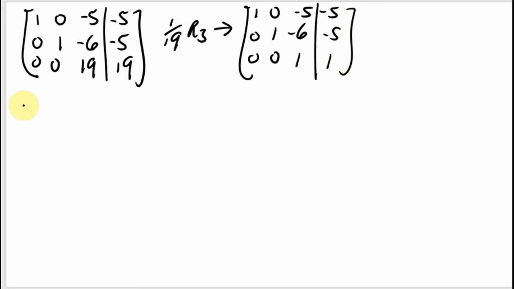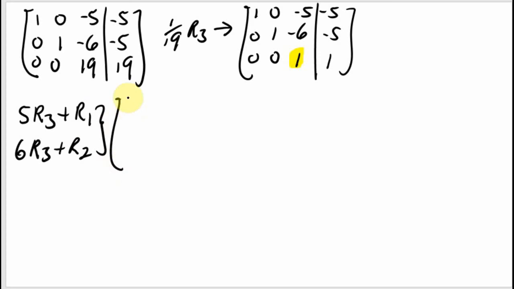And now we'll use A33 to get zeros above it. So we'll say 5 times row 3 plus row 1, and then 6 times row 3 plus row 2.